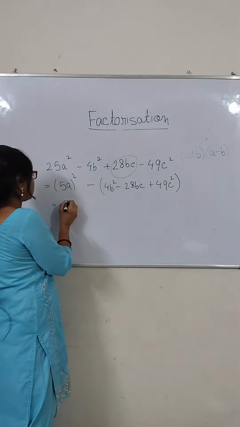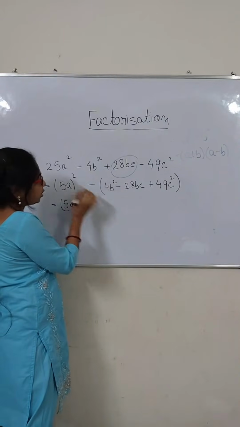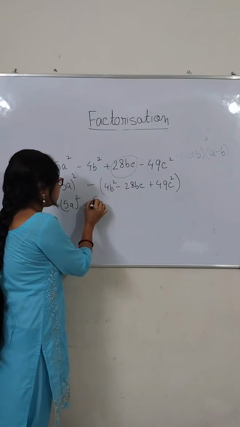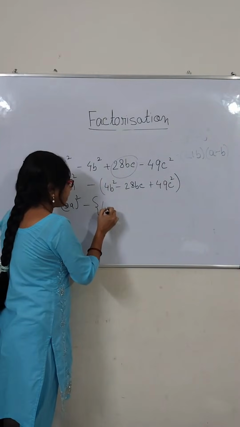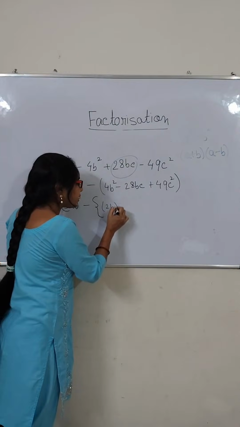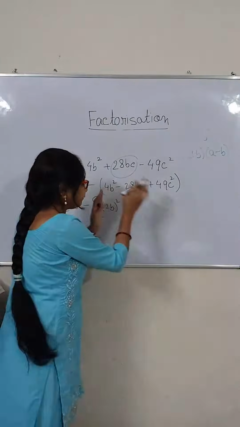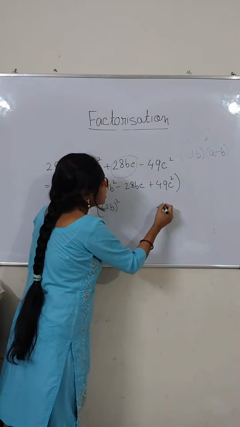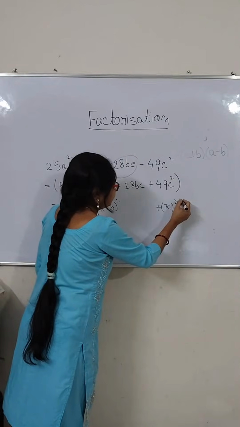Next part: first 5a whole square. Now you take a second bracket. 4b you can write as 2b whole square, then take a gap and write plus 7c whole square.